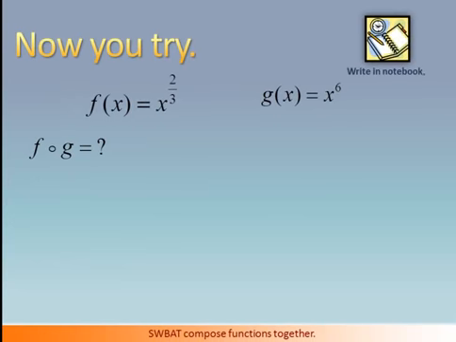Okay, so same idea. We're composing functions together. This time we have f, open circle, g. What does this mean? We're taking f of g of x. So we're taking this g of x, and whatever that function is, we're putting it in its x place for the f. So you start out with the f. I'm going to start by looking at the f of x and say, okay, there's my x.